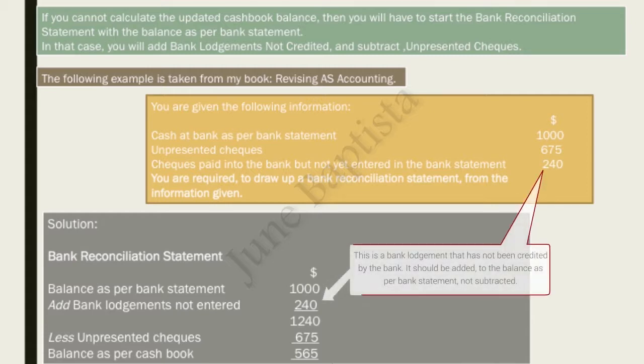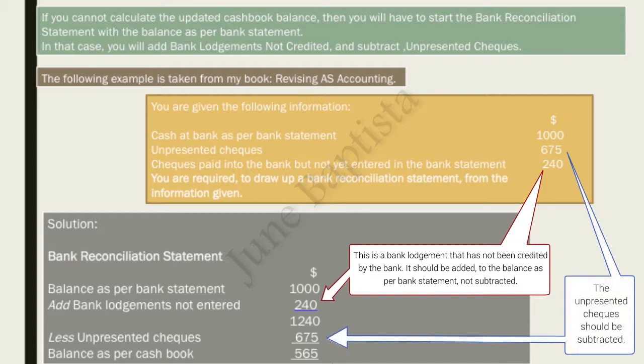You will now add bank lodgements not entered 240, and you will subtract unpresented checks 675. What you will end up with is the balance as per cash book. Hence, the bank statement and the cash book are reconciled.